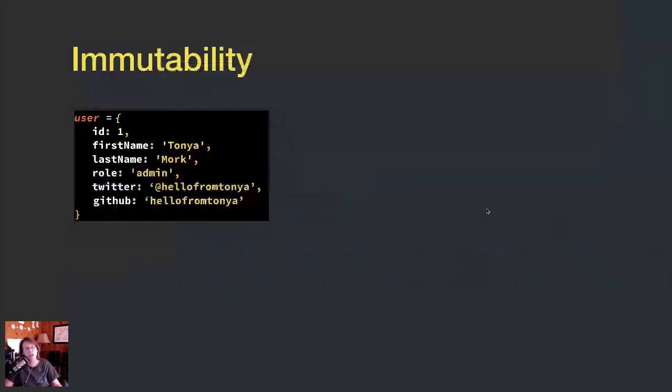All right, so let's imagine that I have this object, and we can see I'm using these properties, and it's just me. Again, contrived, but here I might have a user ID, a first name, last name, role, Twitter, GitHub. So we have some keys and we have different pieces of data. Now, let's imagine that we take all those pieces of data and horizontally represent them as nodes.